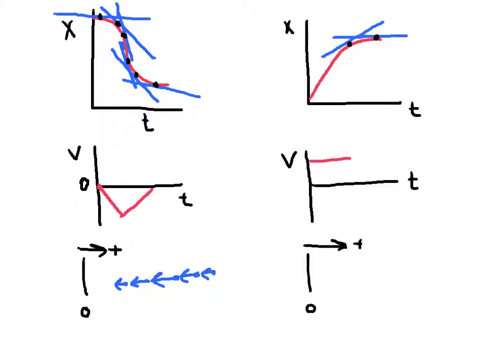So that means our velocity is no longer a constant positive, it's actually getting smaller and smaller and approaches 0. So our VT graph will look like that as it approaches 0 velocity.